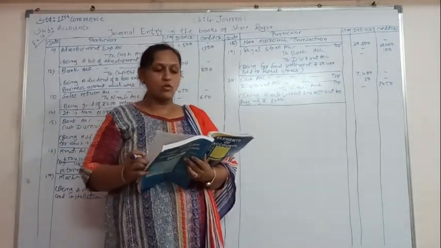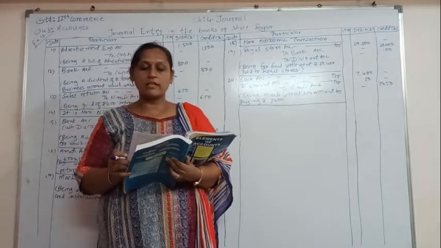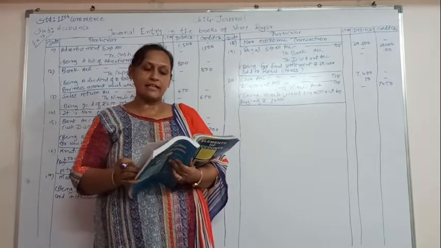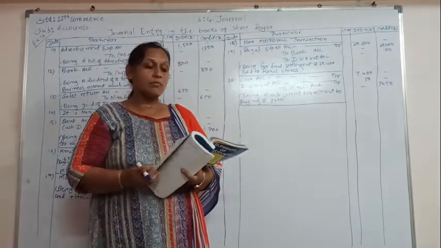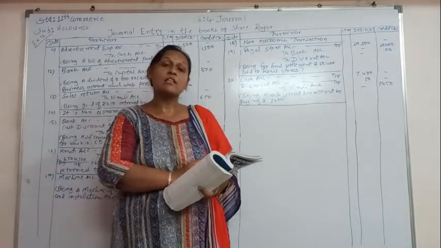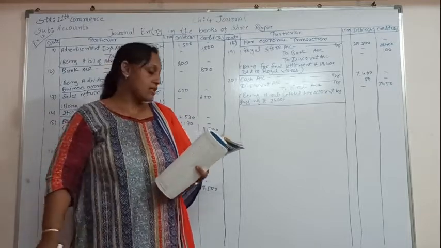On 21st, on account Bhomik paid cash of rupees 5,000 and issued check for remaining balance and settled the account. So Bhomik is supposed to pay us 11,700. From that he has given the 5,000 cash.